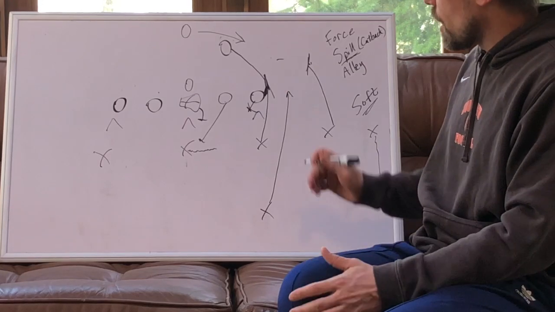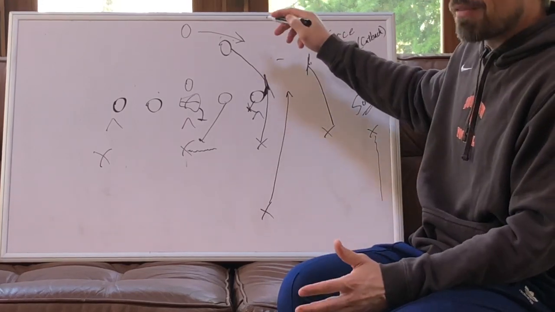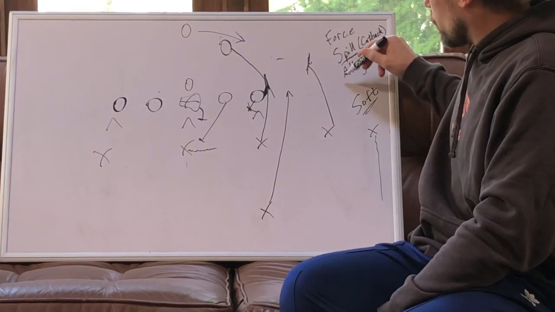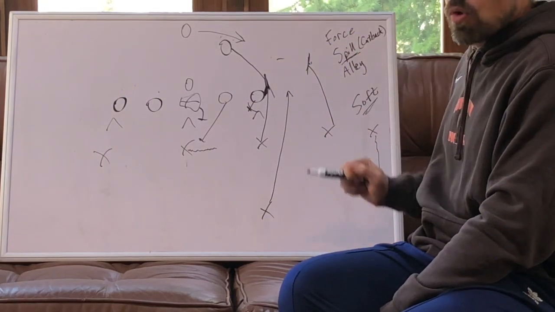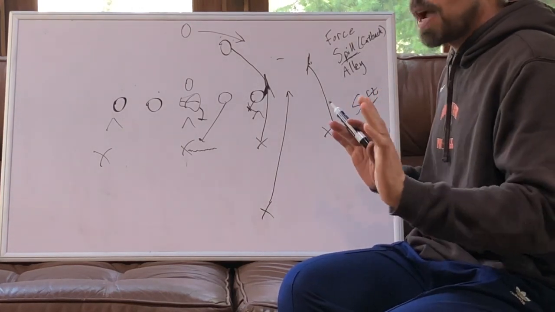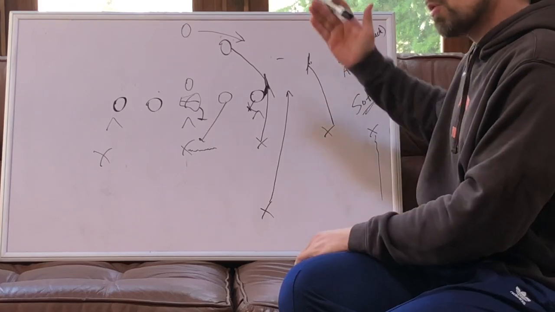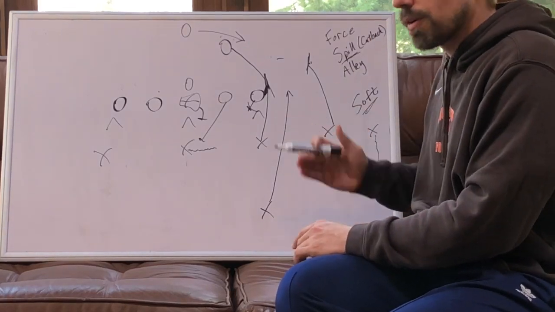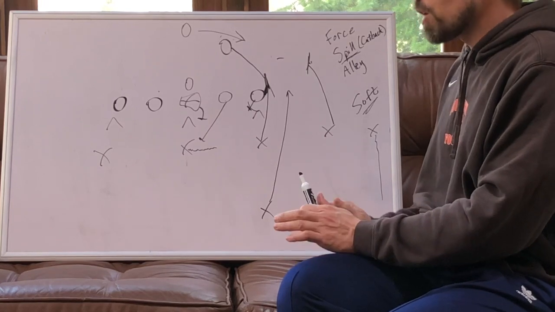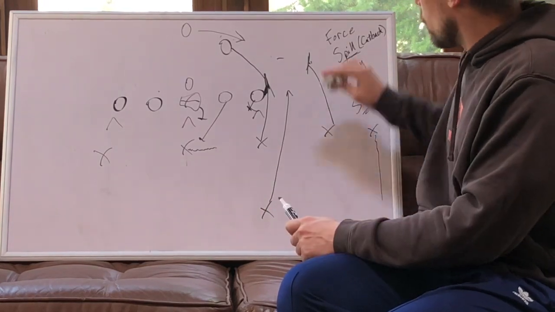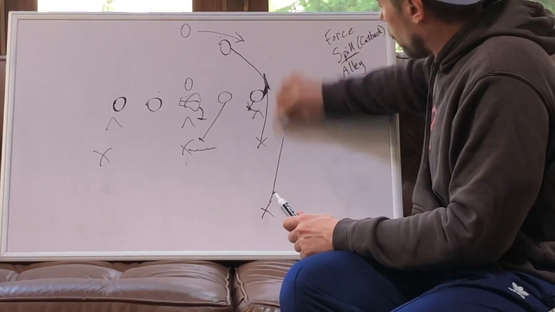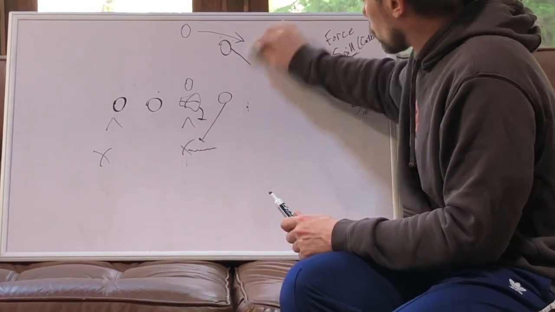Now, if we lose leverage at any point and the ball gets outside the nickel here, let's say, if you find yourself alone, you always become a spill or cutback player. You're pushing the ball to the sideline because you have that sideline always there as a force defender. So when guys find themselves in one-on-one situations, you want to use the sideline to push the guy to the sideline, always.